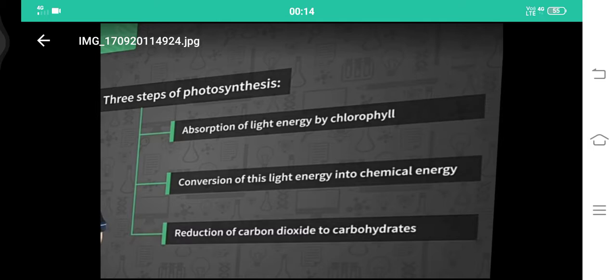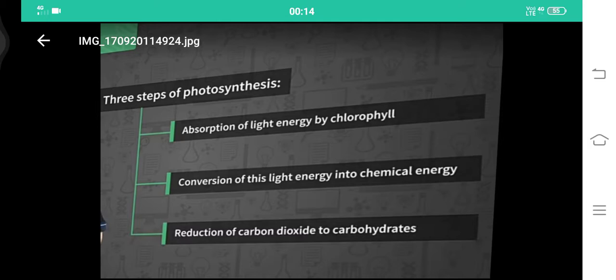Absorption of light energy by the chlorophyll. That light energy helps to convert into chemical energy. Why is it converted into chemical energy? The food is made up of chemicals. So, conversion of light energy. What is the second step, children?